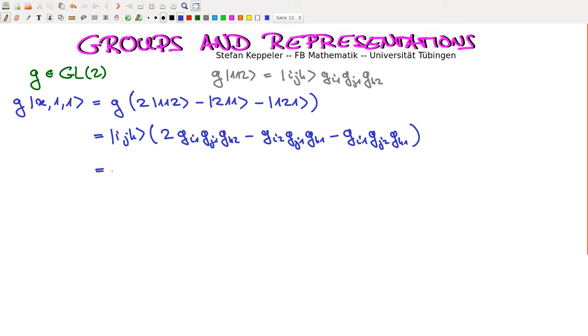So for example, there is something that's proportional to 1,1,2. And in that case, I is 1, J is 1, K is 2.